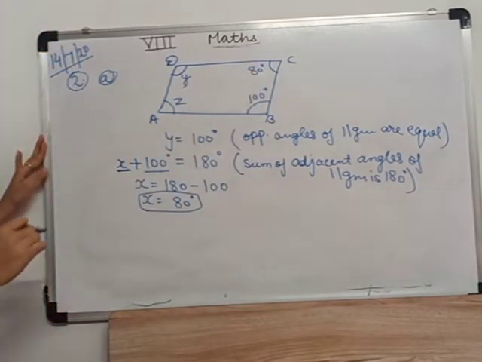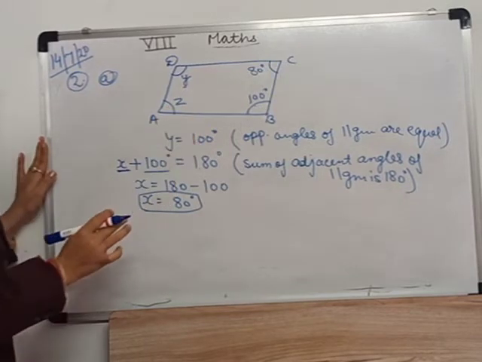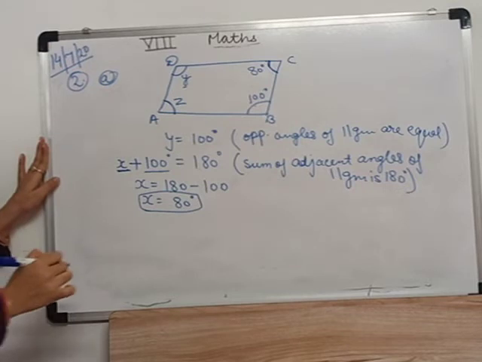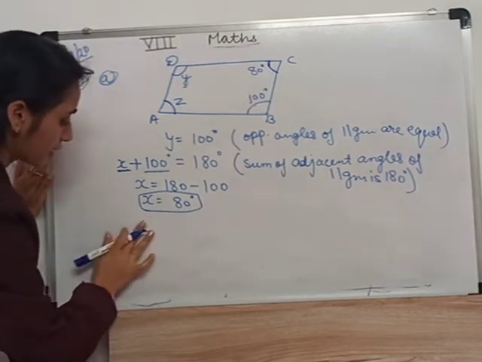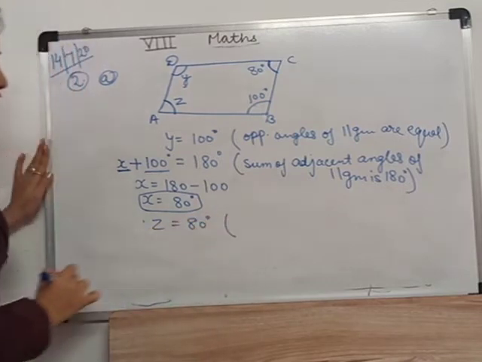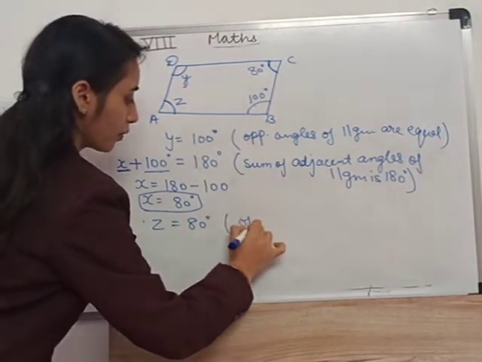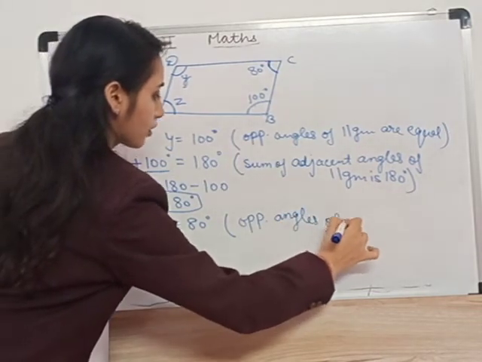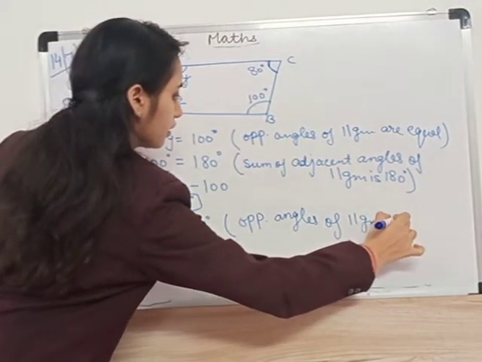Now only the value of z is left. These angles are opposite angles, so z is equal to 80 degrees, because opposite angles of a parallelogram are equal.